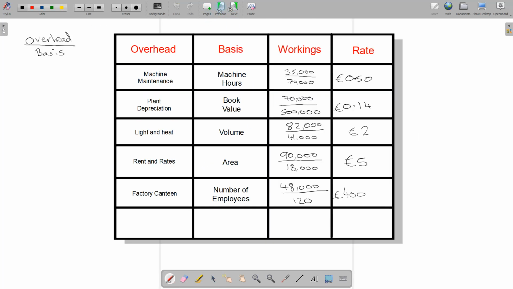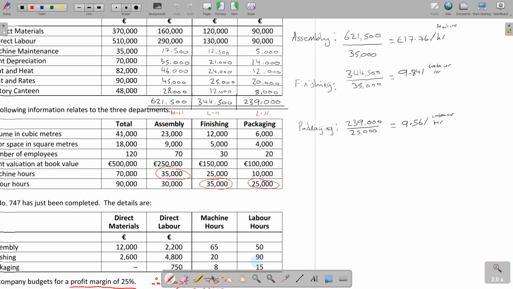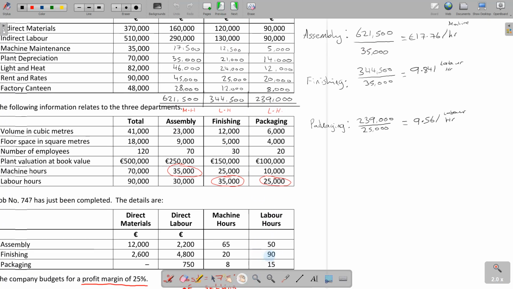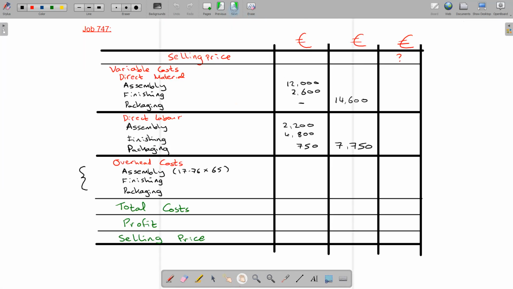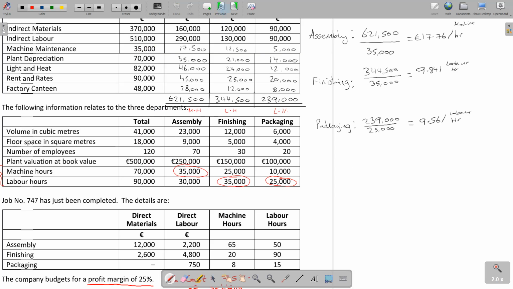Finishing is based on labor hours, we know that. So 90 labor hours in finishing at 984. $984 multiplied by 90, and we had 956 multiplied by 15.